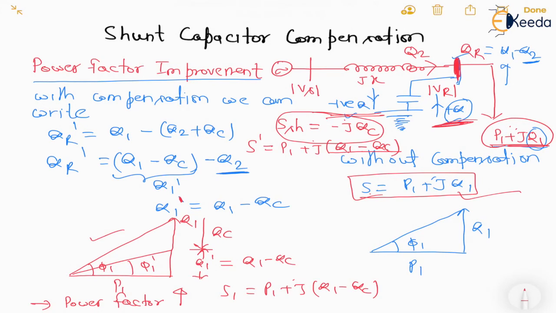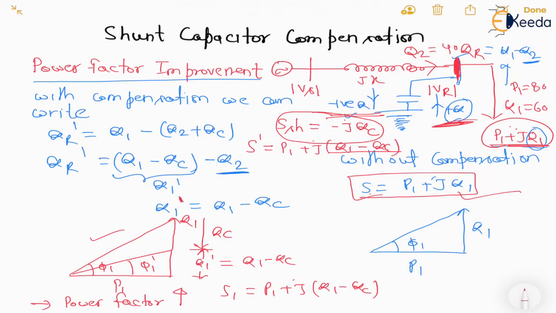Let us understand with an example. Let us assume Q1 value is equal to 60 and Q2 value is equal to 40. Sorry, we do not need the value of Q2 equal to 40. Now we only need Q1 equal to 60. We assume P1 is equal to 80 and Q1 is equal to 60.